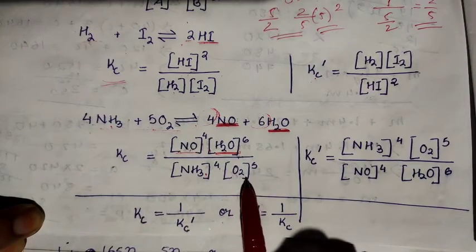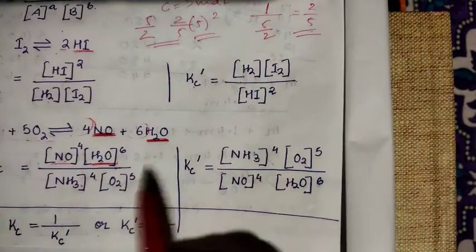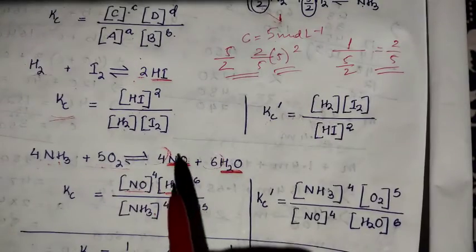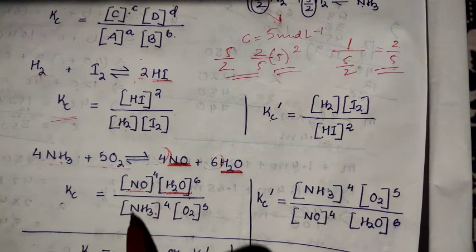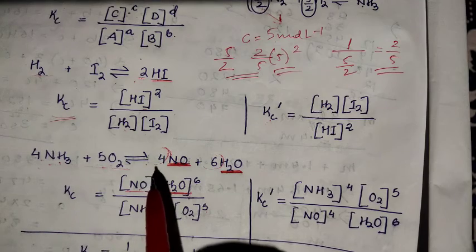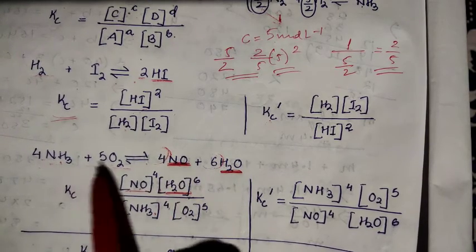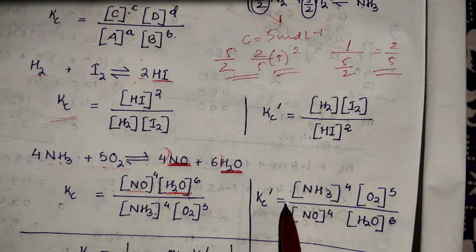Now O2, so 5 is there, so 5 will go in the power. Now if it is asked to calculate the equilibrium constant for the backward reaction, then you cannot do this, it will go wrong, because your backward reaction is this way. So this will become your reactant and this will become your product. So the inverse of this will give us the backward equilibrium constant.